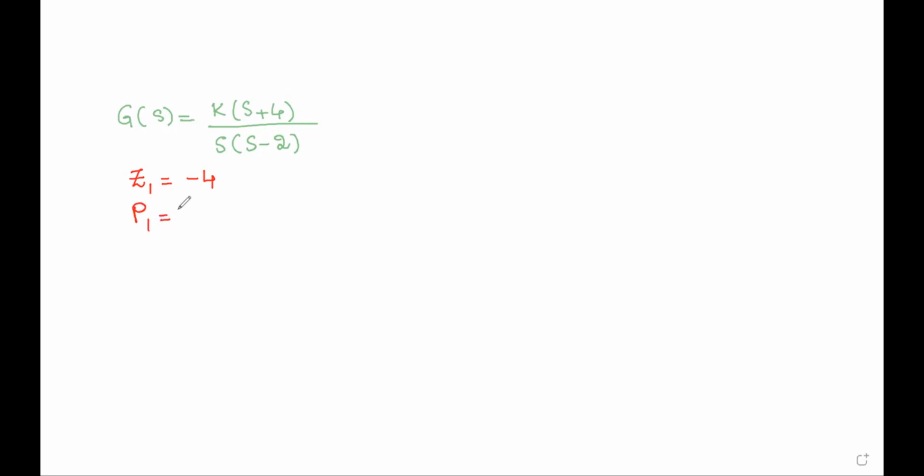So first pole value is 0 existing at origin and the second pole is plus 2, so existing on right hand side. This is the data regarding poles and zeros of the given G(s).